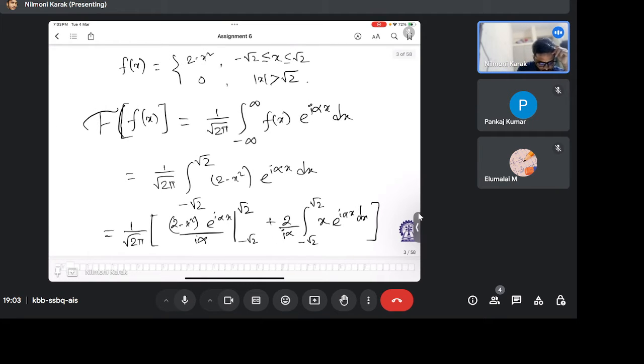one thing you can see here, okay. Directly Bernoulli's theorem. Bernoulli's theorem means, can you explain it? UV minus U dash V1 and so on. I don't use this formula. UV. So I don't understand what you are saying. First one is right. 2 minus x square e power I alpha x divided by I alpha.